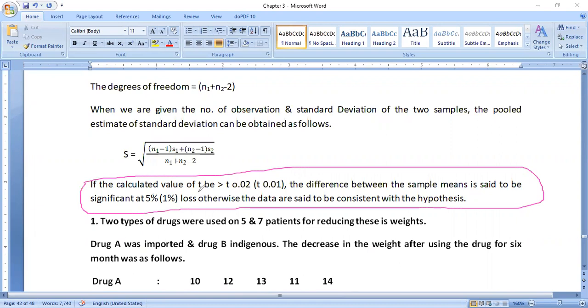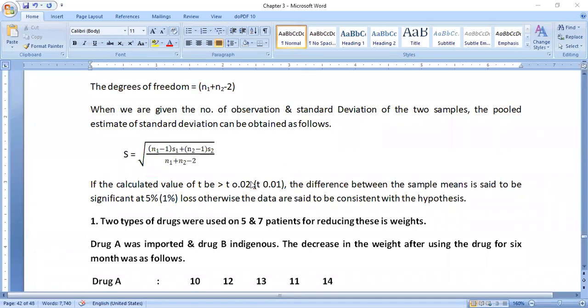If the calculated value of T is greater than the table value at 0.05 or 0.01, the difference between the sample means is said to be significant at 5%, 1% LOS, level of significance.